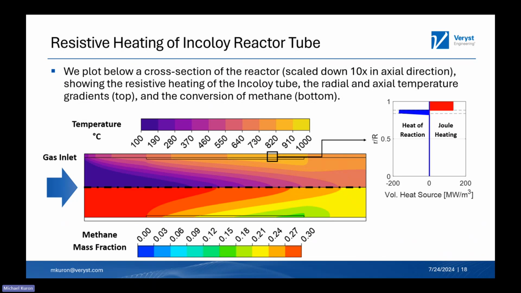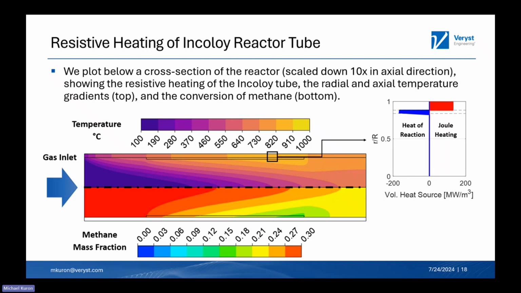And so what we plot in our contour plot here, on the top, is the temperature distribution. You can see flow coming in from the left and exiting at the right-hand side of the reformer. All of the heat is supplied through the outer wall of the reforming tube, because that's where we are applying the current, and therefore that is where heat is being generated.